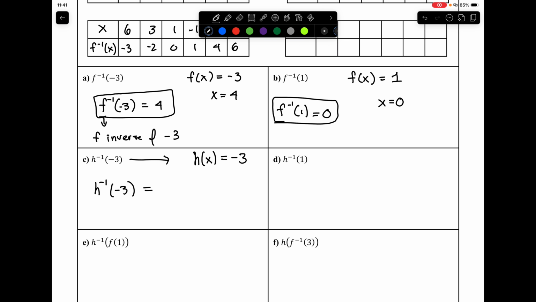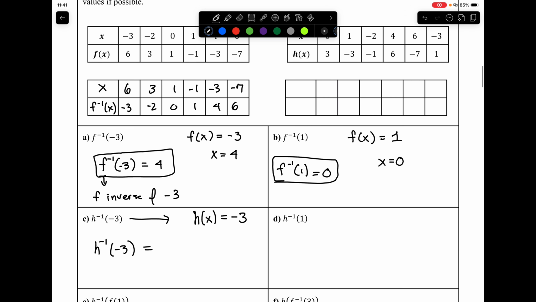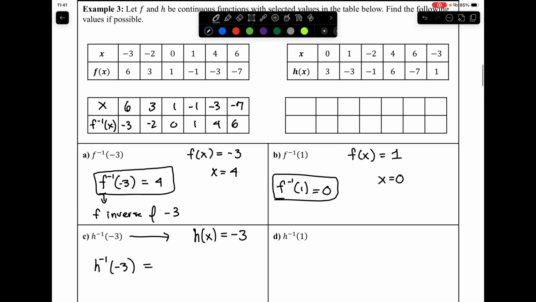Let's first do it that way using this table without flipping anything. Here's h of x. We want to know when h of x equals -3. According to the table, h of x equals -3 when the input value of x is 1. So the solution to this equation is x equals 1.